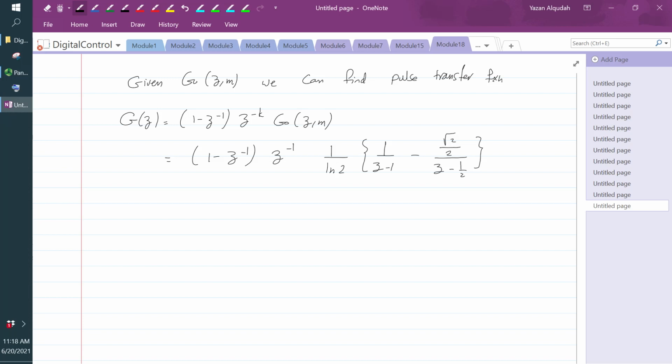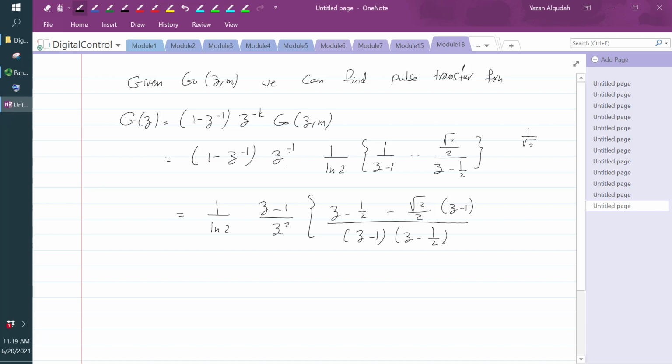So this square root of 2 over 2 is the same as 1 over square root of 2. Okay, I can simplify this. This is 1 over natural log of 2. I can write 1 - z^(-1) as (z - 1)/z, and then I have another z^(-1) that goes to the denominator and becomes z squared, and then I'm going to have (z - 1/2) minus square root of 2 over 2 (z - 1), divided by (z - 1) multiplied by (z - 1/2).